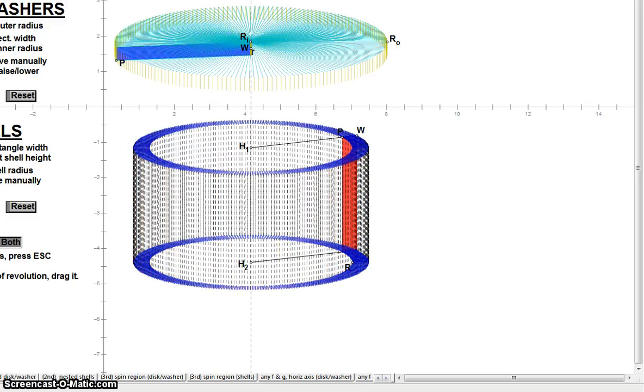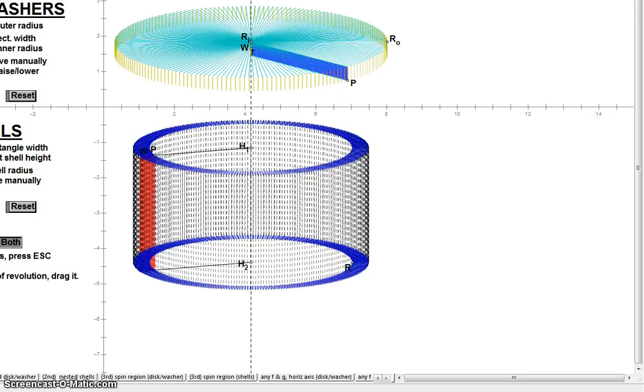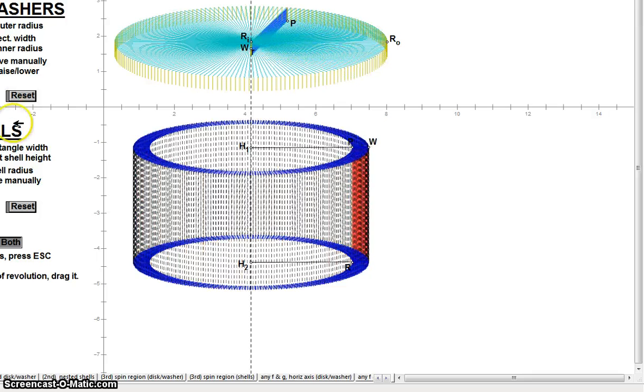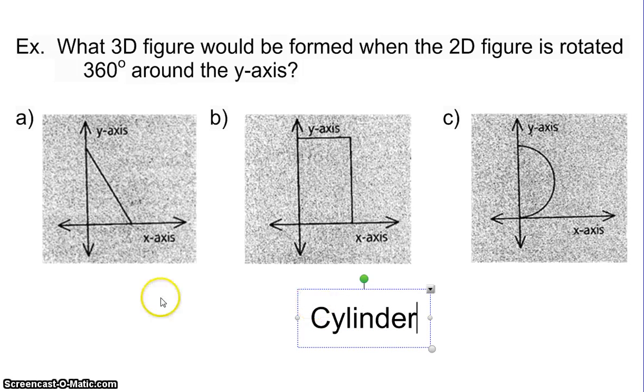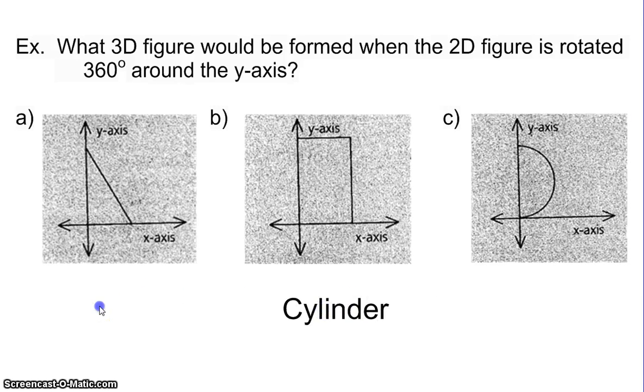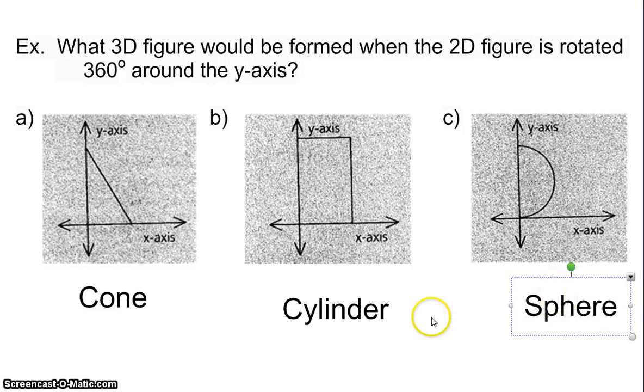It's taking a rectangular prism and revolving it around, and we would create a cylinder. So what do we think we would create if we took a triangle and revolved it around the y-axis? We would create a cone. And then lastly, taking this half circle and revolving it around, we would create a sphere.